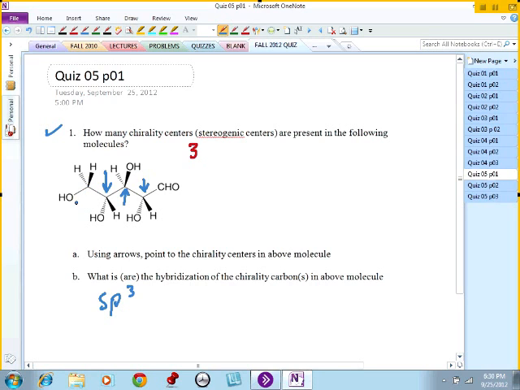You need 4 different groups, or 4 different atoms. Okay, very good. So I think that is clear at this point. It is very important; that is the least you can know about stereochemistry, knowing the chirality center. That is the beginning of knowing stereochemistry.